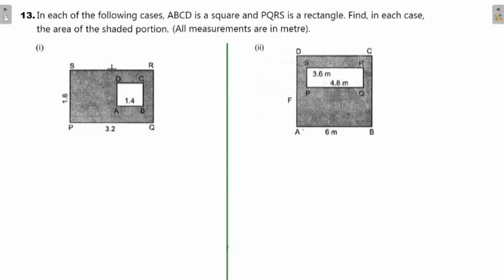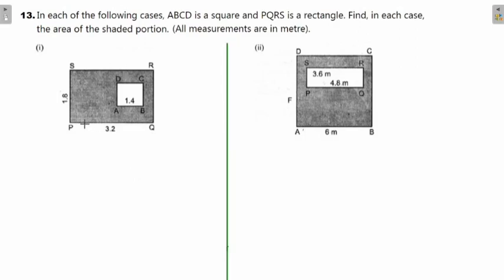So see here carefully, PQRS is a rectangle. Here also you have PQRS. So this is also a rectangle. Now, in each case, find the area of the shaded portion.